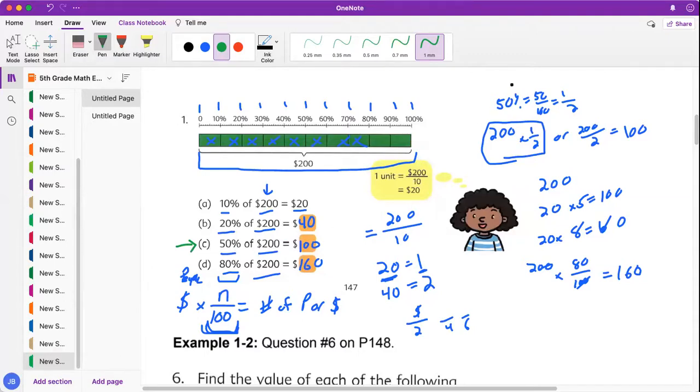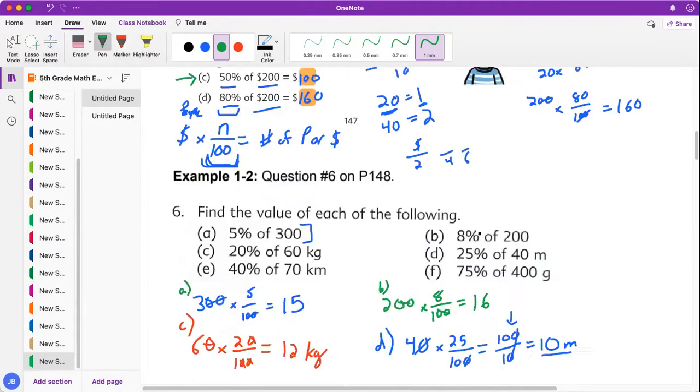Because 50%, I wrote up here, is equal to 50 over 100, which is the same as 1 over 2. And so if we were doing 50% of 200, we could say 200 times 1/2. But that's also the same as 200 divided by 2.